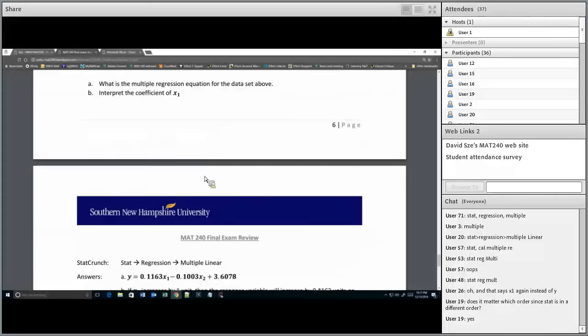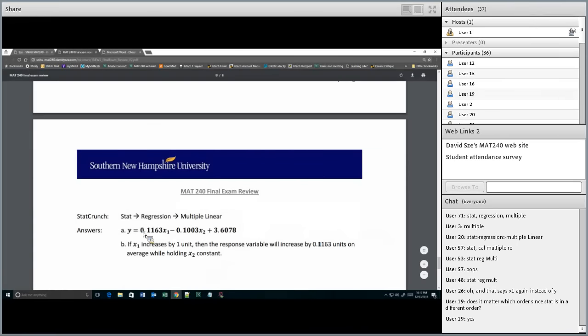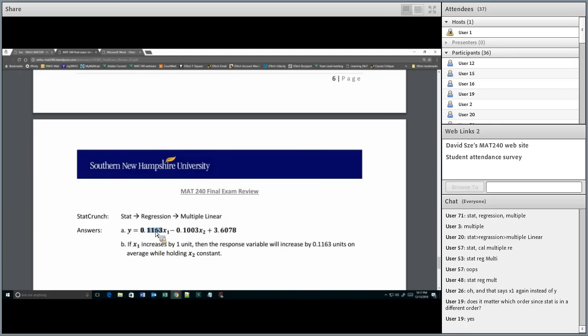Okay, now we have to do the interpretation for x1. So x1 has a slope of 0.1163. Okay, so that's my slope. So what is the interpretation there? Pretty much the same as the previous problem, except you have to add one line, and you can see that here. Well, it's very simple.